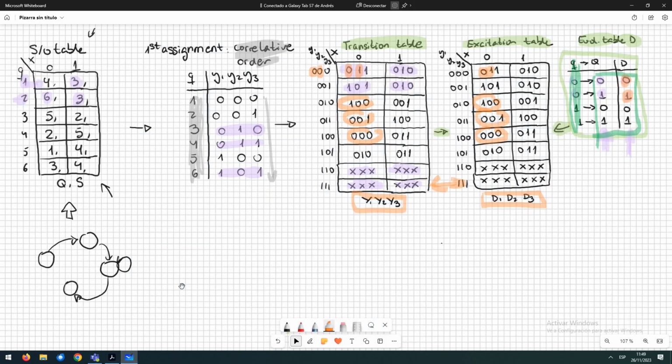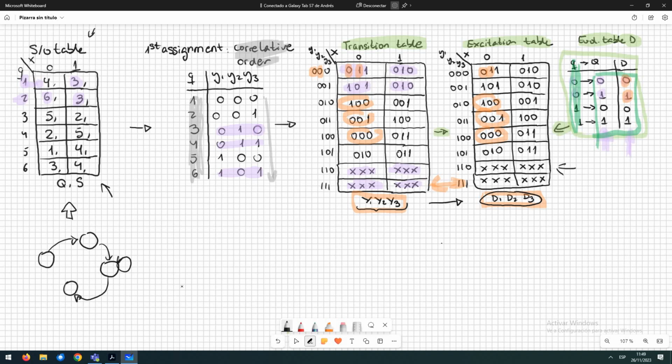Once we are here, we just have to build the Karnaugh map for all the variables, the input of all the bistables. If we have 3 state variables, we are going to need 3 memory elements.